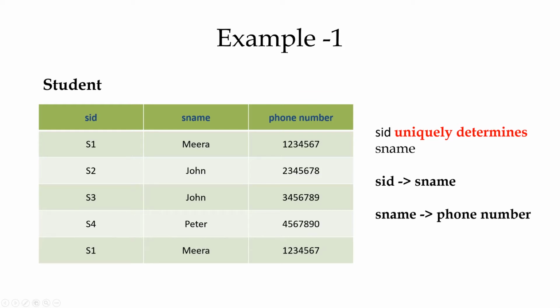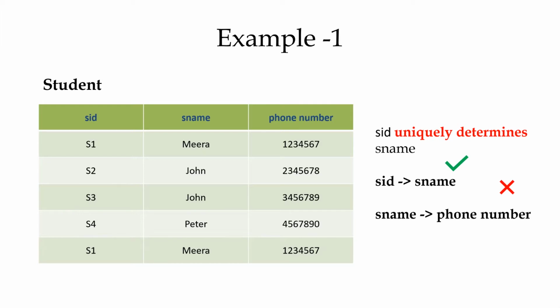Like see, the first record is Meera, the second one is John, again John is repeated, the fourth one is Peter and the fifth one is Meera. So you can see there are repetitions of data in the student name. Now if I have the student ID, I can uniquely find the value of student name. So I can say student ID uniquely determines the student name.